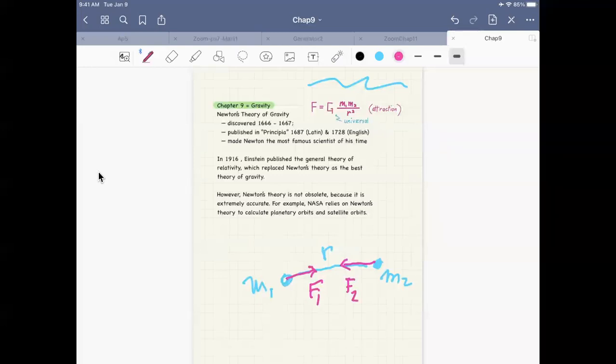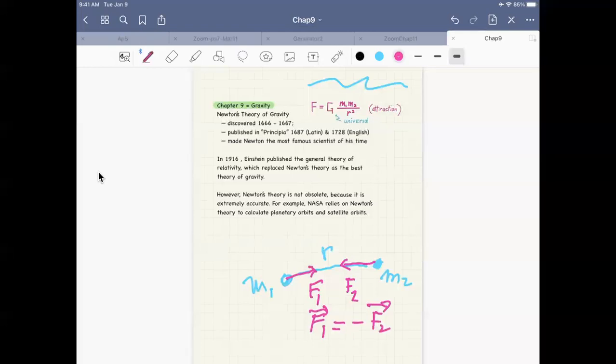Both masses experience a force directed towards the other mass, and the two forces are equal but opposite. So we could say F1 as a vector is minus F2 as a vector. The negative sign says that the two vectors point in opposite directions.